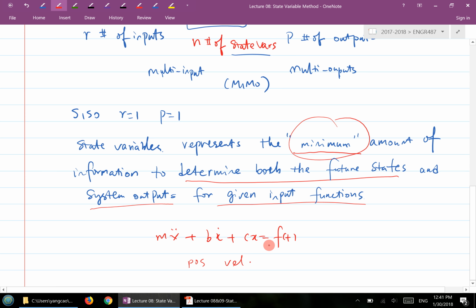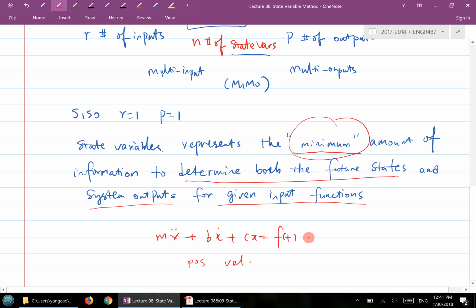We'll look at it later, in terms of the state space model describing the system and determining both the future states and the system output for given input functions. So that's the point: minimum. Sometimes you pick more state variables than the minimum number, and then you have so-called redundancy in the mathematical model.